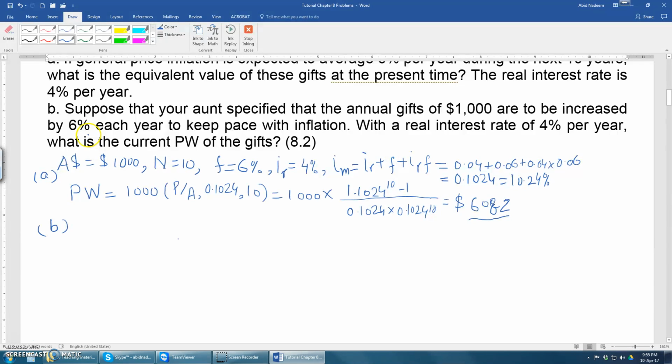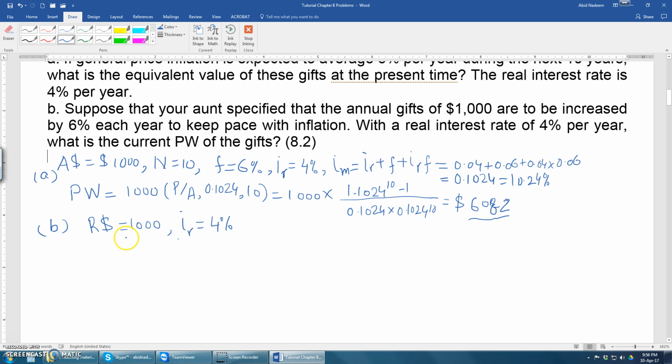So the actual dollars are increased by 6% each year, but if you convert those actual dollars to real dollars, this 6% increase will cancel out. So $1,000 in this case is actually the real dollar, and therefore you can use the 4% interest rate.